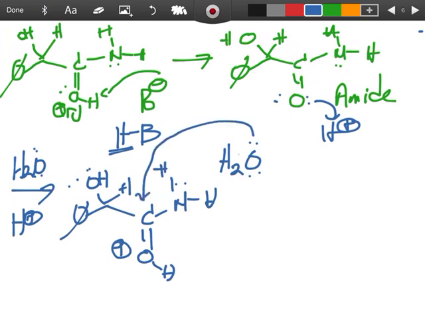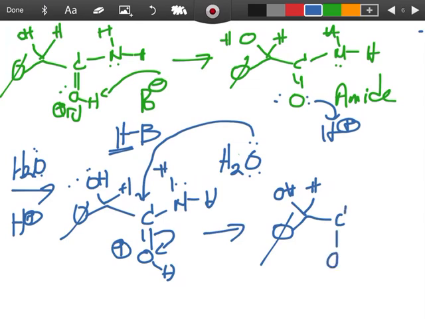This one is going to attack this carbon, give the electrons towards what? The oxygen. And what we will have is something like this. Sorry, this one actually is positive, right?